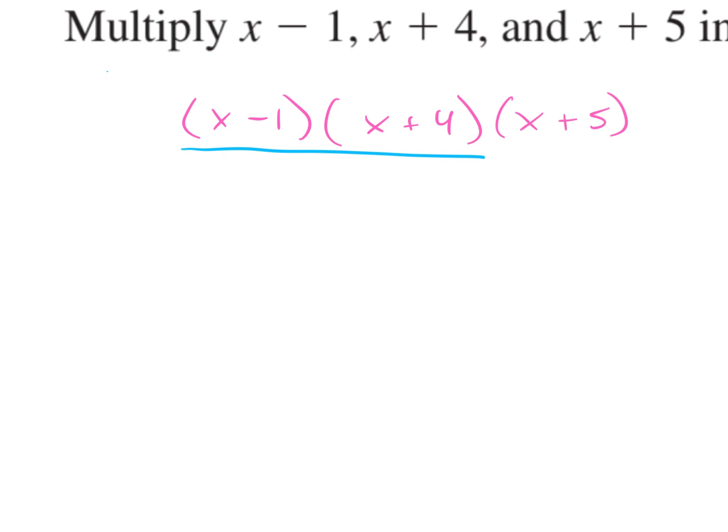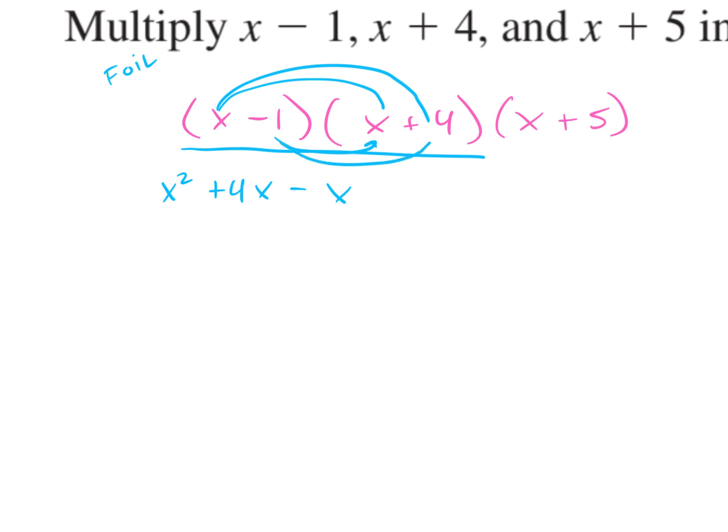So we're going to FOIL out the first 2. So what is x times x? X squared. What's x times 4? 4x. Negative 1 times x. And then negative 1 times 4. Negative 4. What could I do next?